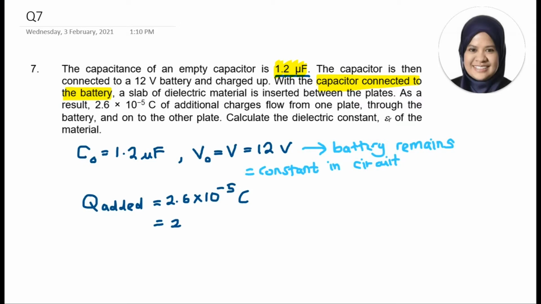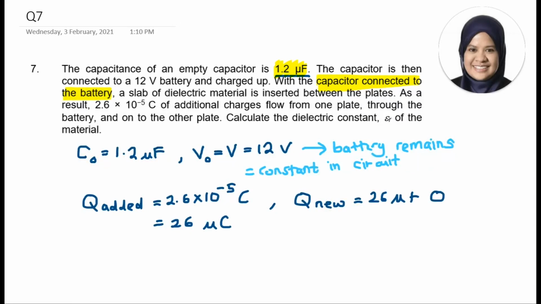Okay, so from here I can find my new Q. Q new adalah sama dengan 26 microcoulomb plus my Q daripada initial capacitor.